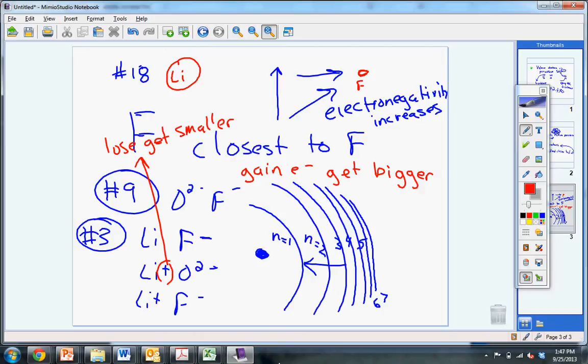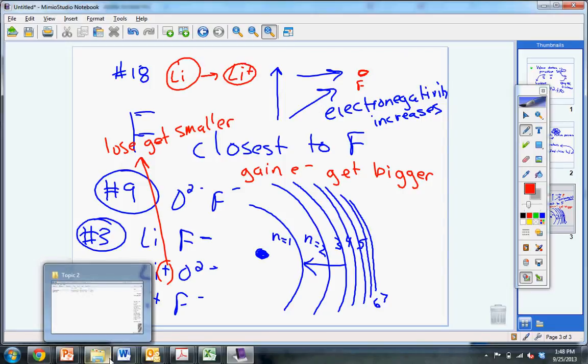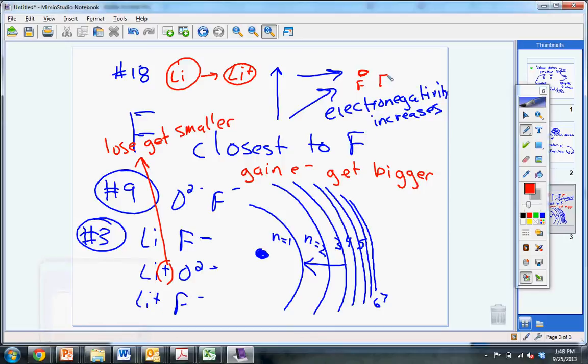Now, if I take off an electron, it's not going to shrink massively, but it is going to shrink. I don't have the exact amount, but Li plus might be like that. So it shrunk a little bit.